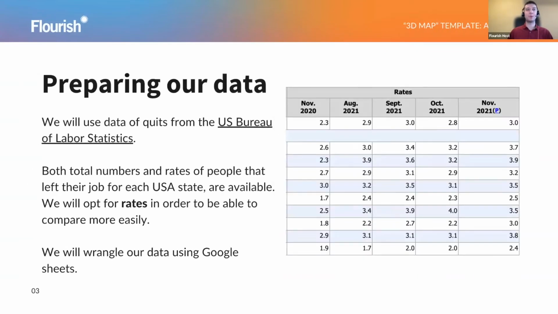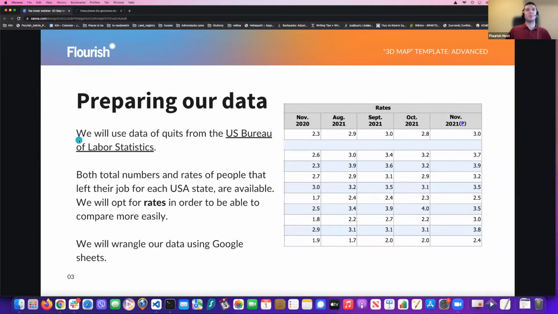First of all, we will speak about our data source. We will be using data about people leaving their employment from the United States Bureau of Labor Statistics. So I have the link right here. So let's open it.